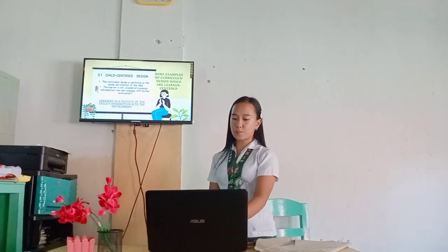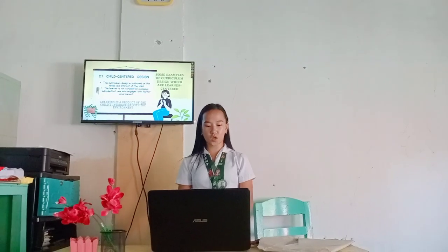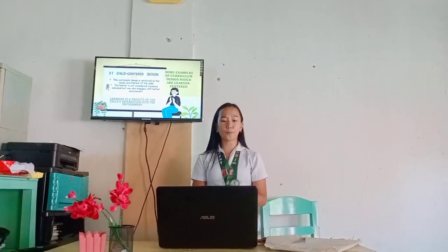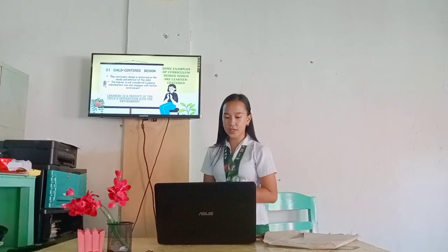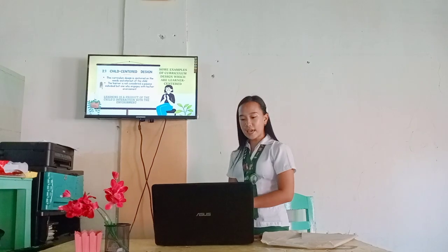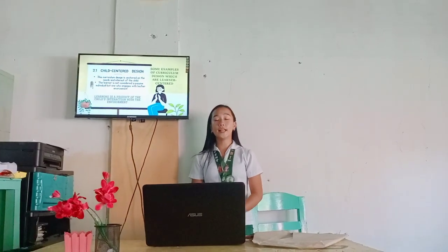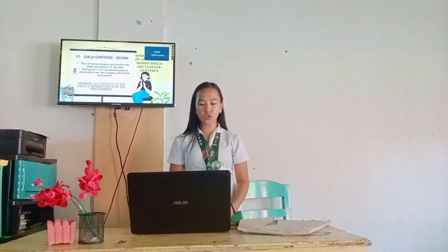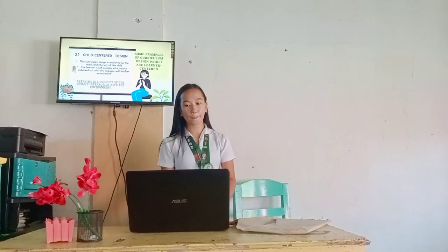So it encourages exploration, creativity, and self-expression. Learning is the product of the child's interaction with the environment. So the teacher acts as a facilitator, allowing students to take an active role in learning. So an example for this one is a classroom where students choose activities based on their interests.